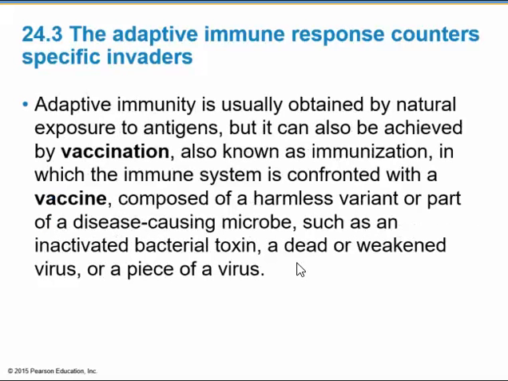Now, adaptive immunity can be obtained by natural exposure to antigens, but we can trick the immune system into an adaptive immune effect by vaccination or immunization. In a vaccine, your immune system is subjected to a harmless form of the antigen, or part of the microbe, which triggers an immune response, but you don't get sick from it.